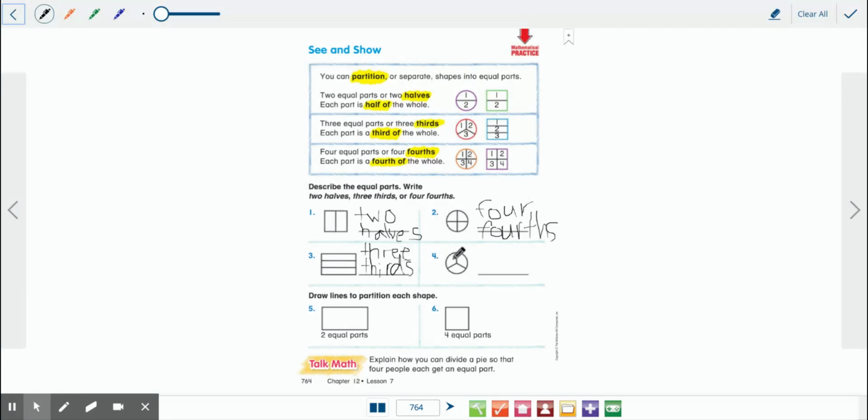Number 4, I see 1, 2, 3 equal parts. So even though this is a circle and this is a rectangle, they each are 3/3 because they're broken up into 3 equal parts. So I need to write 3/3.